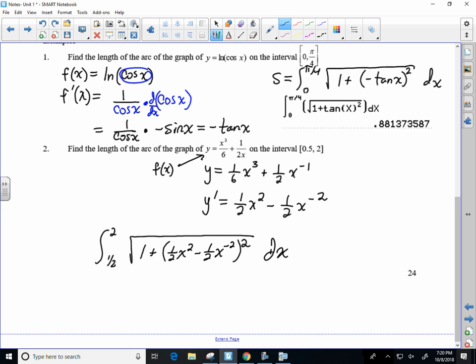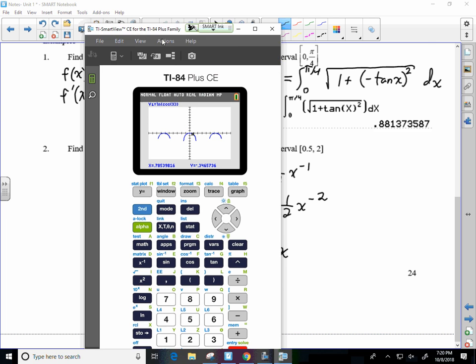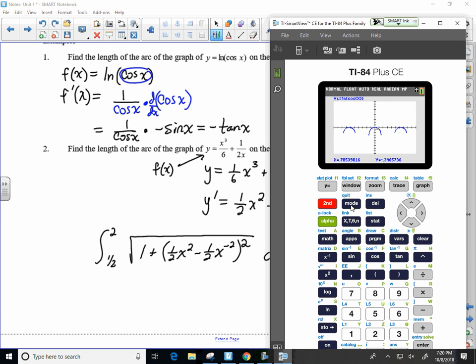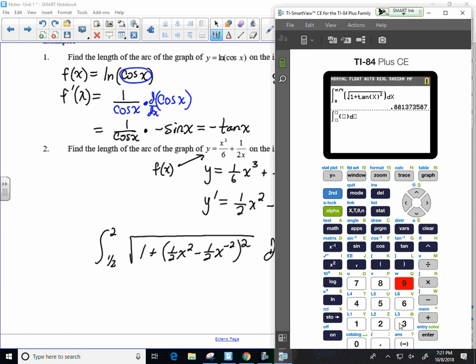Then we go to the calculator. Enter, at long last.